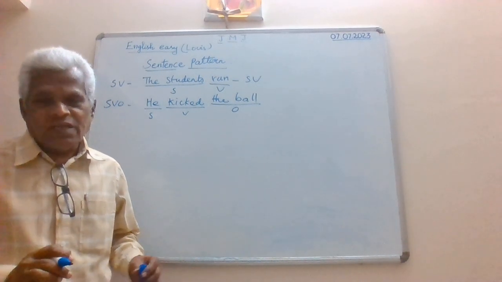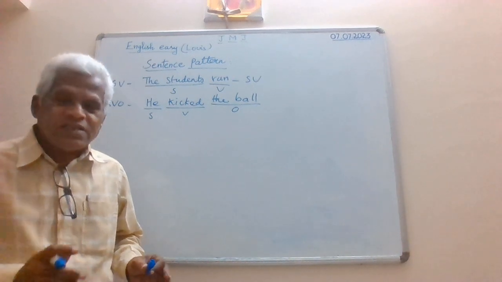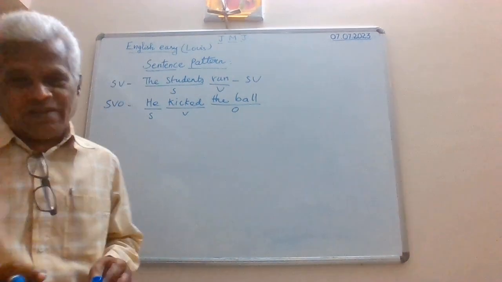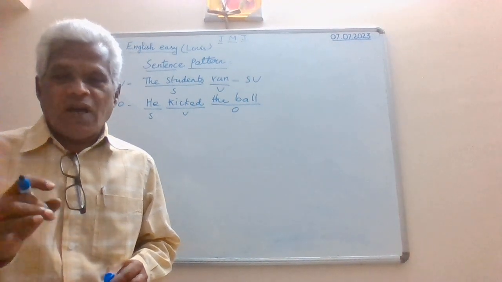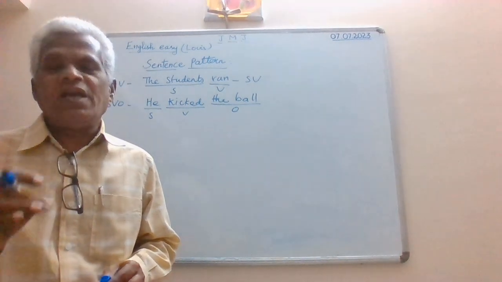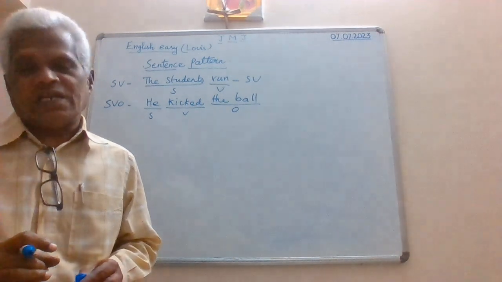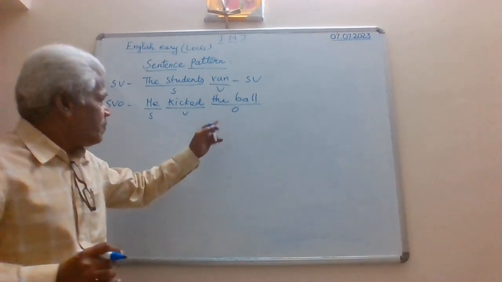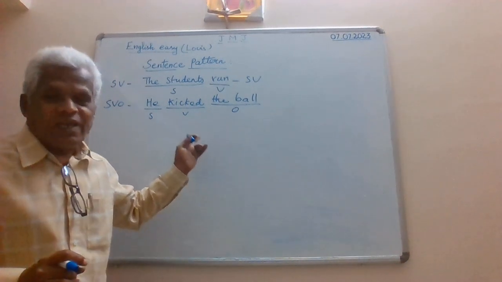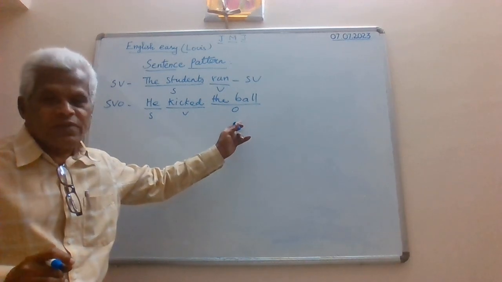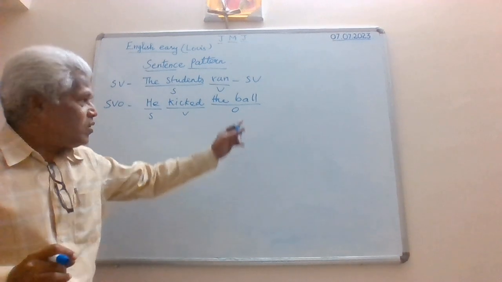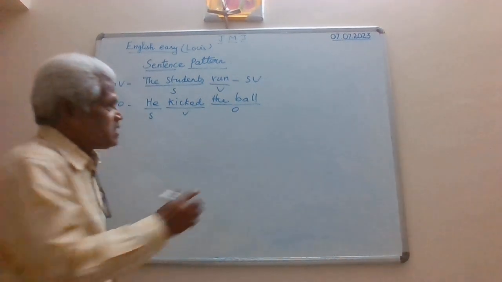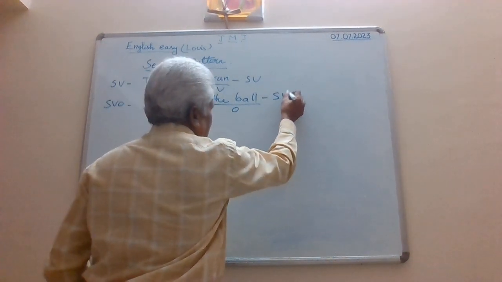Object is the word that becomes an answer to the question what, if you ask this question what from the verb given in the sentence. Here, what did he kick? He kicked the ball. So the ball becomes an answer to the question what to the verb kick. Therefore the ball is an object. So this is the SVO pattern.